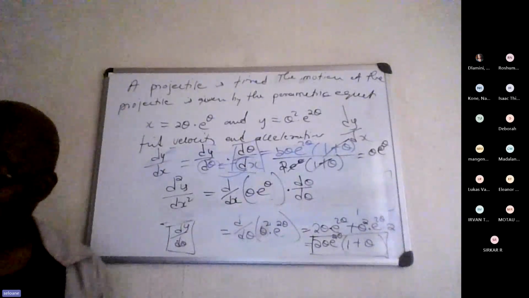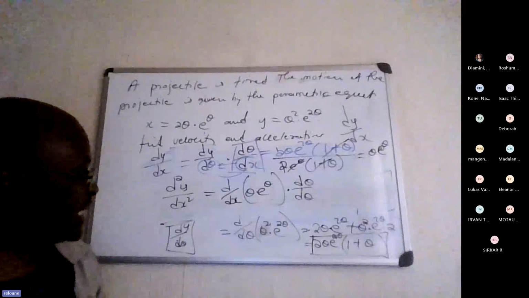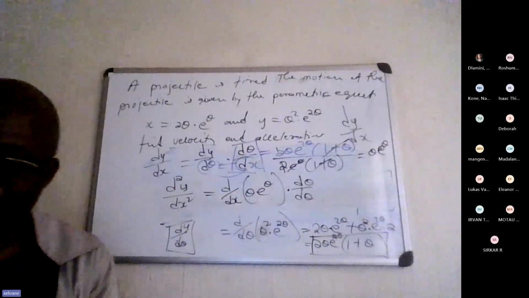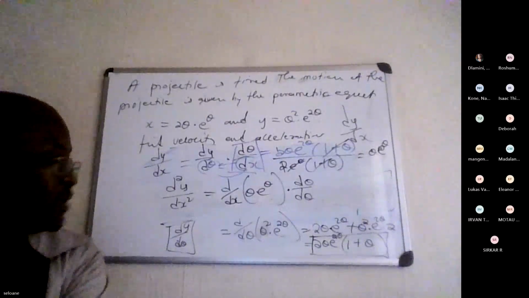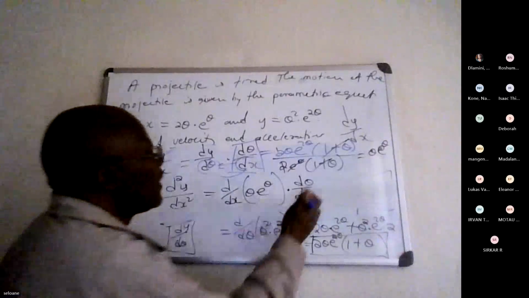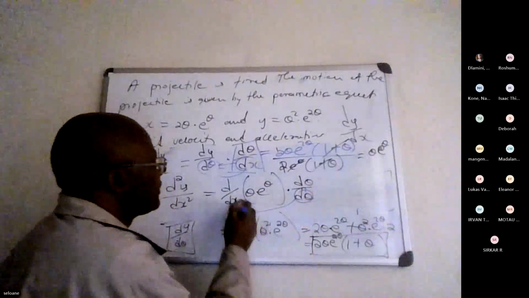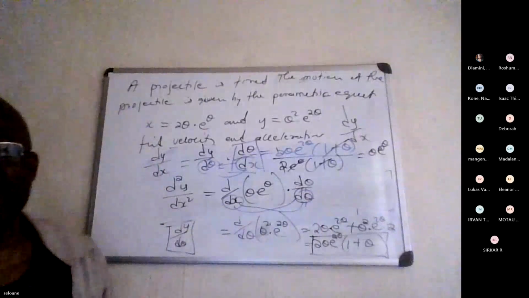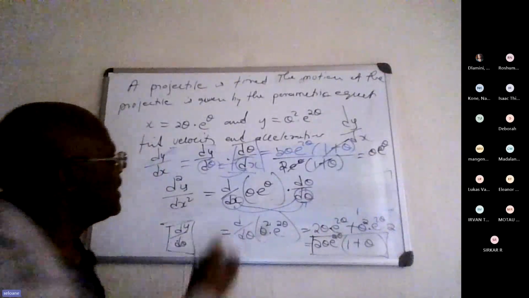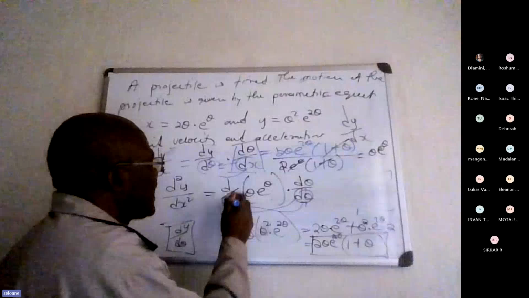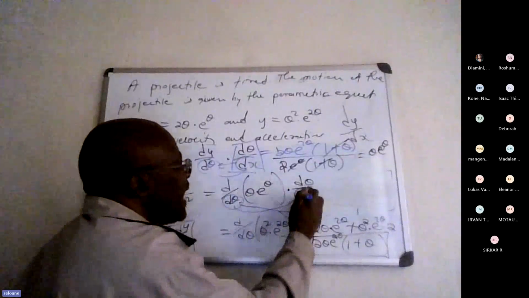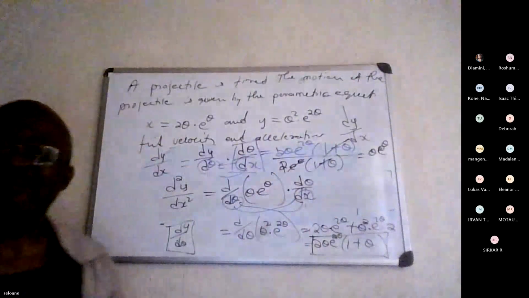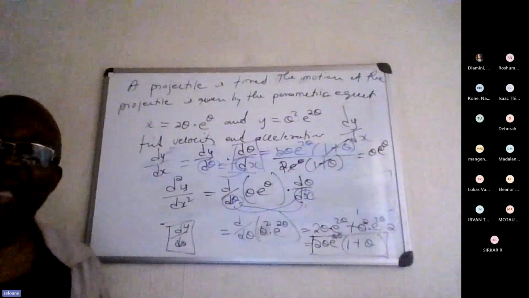You now swap the denominators. You swap these two. This one comes here, and this one comes here. Simply, the theta comes here, x comes here. Hopefully that makes sense.